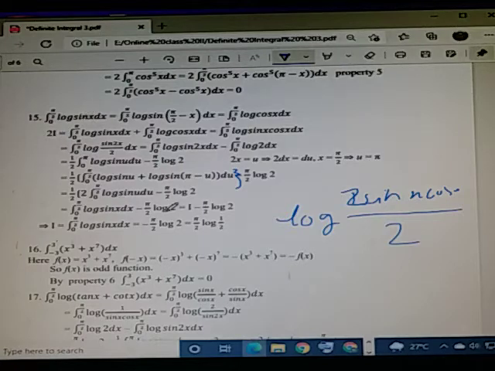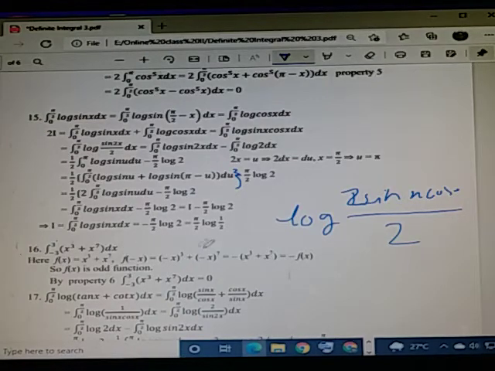So I minus pi by 2 log 2, and the left hand side is twice I, and the right side is I minus pi by 2 log 2. So I remains I, then the integration is pi by 2 log of half.